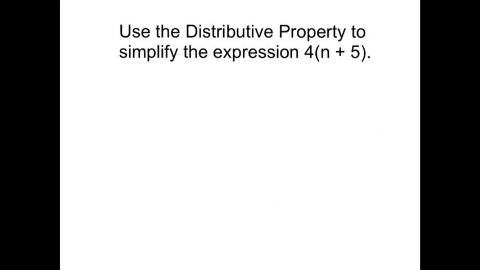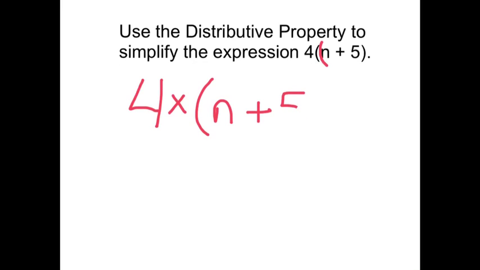Anytime you have 4 and then some parentheses, you don't see the operation. The operation is going to be times n plus 5. And we need to distribute that 4 to each of the numbers in the parentheses.